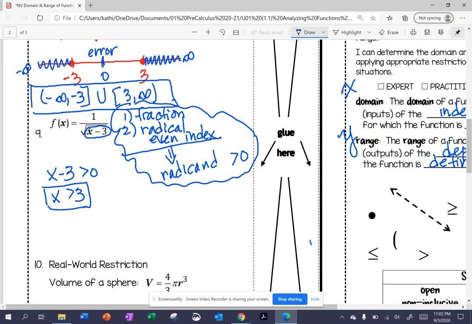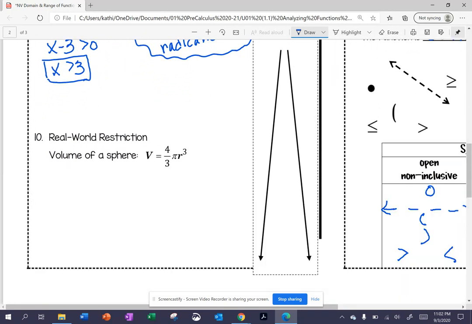Okay, so at this point, we've just talked about restrictions that are associated with fractions or radicals. So now let's talk about a real world restriction. The volume of a sphere is 4/3 pi r cubed, and I'm asking myself 2 questions. Do I have a fraction?